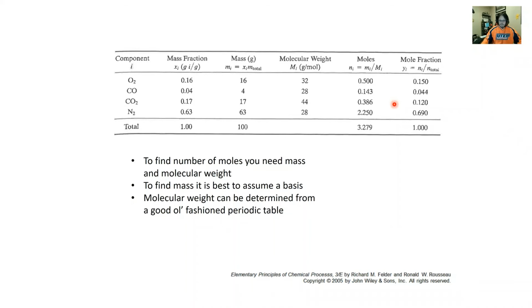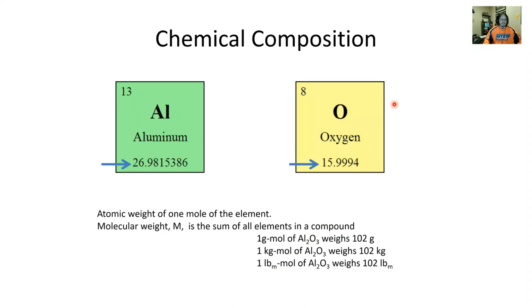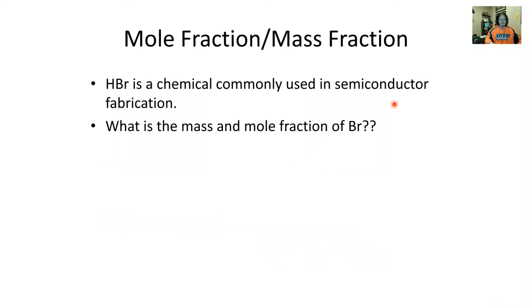Let's take a look at another example back here. I kind of skipped it, and I apologize for skipping it. So mole fraction, mass fraction, and we have other examples in the other skills videos, but let's just do another one. Hydrogen bromide is a chemical commonly used in semiconductor fabrication. What is the mass and mole fraction of bromine in hydrogen bromide?